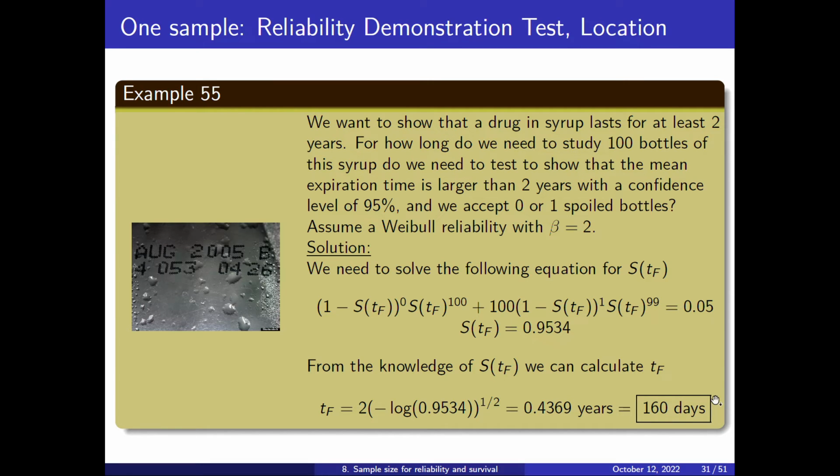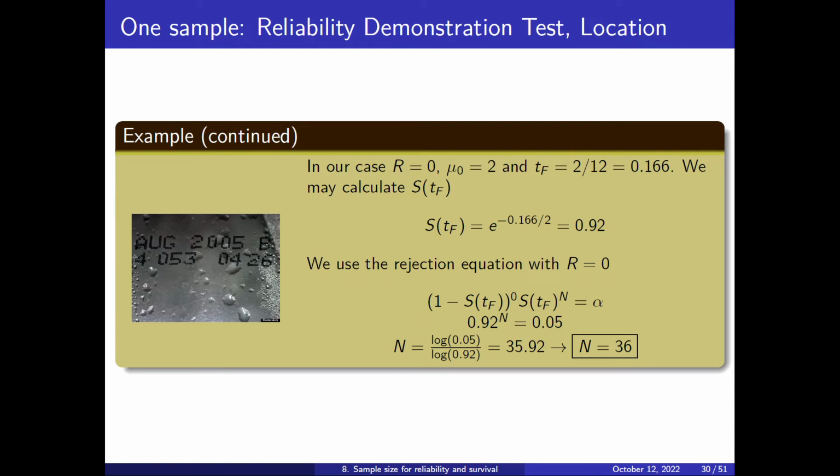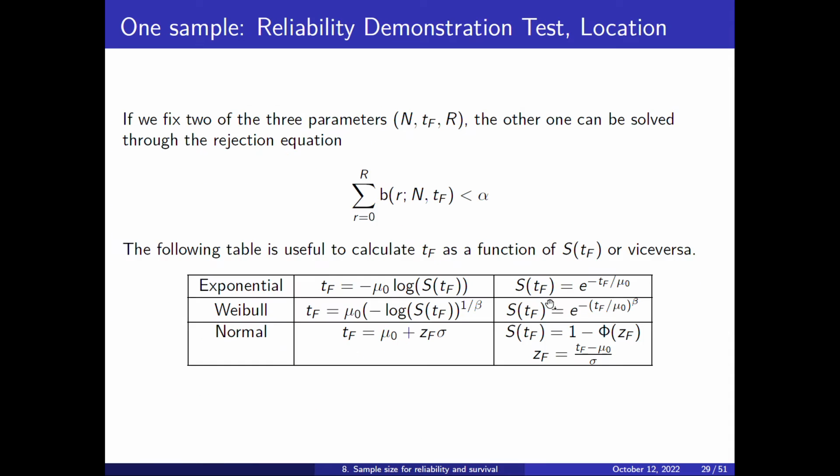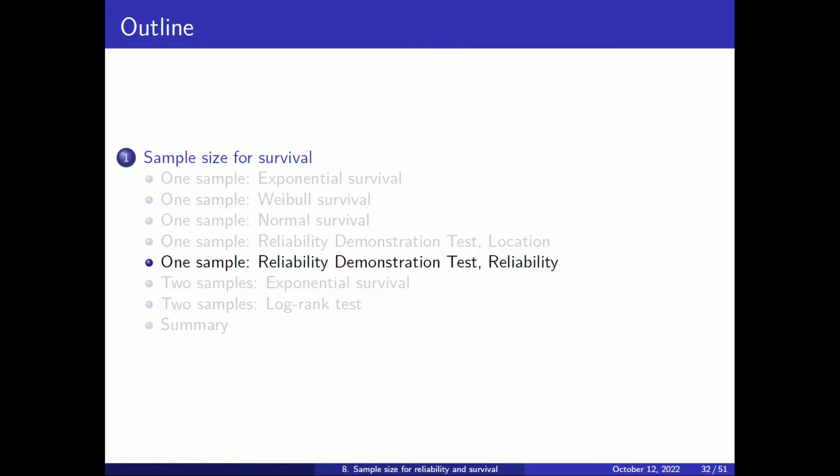So we have to track these 100 bottles for 160 days, that is a little bit more than 5 months, and if we see 0 or 1 spoiled, we reject the null hypothesis, and then we can claim that the mean survival time is larger than 2. Okay, so that is for mu.